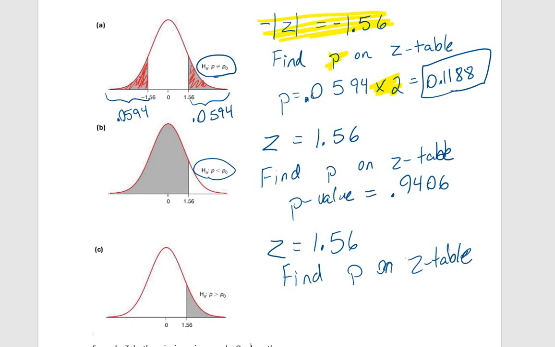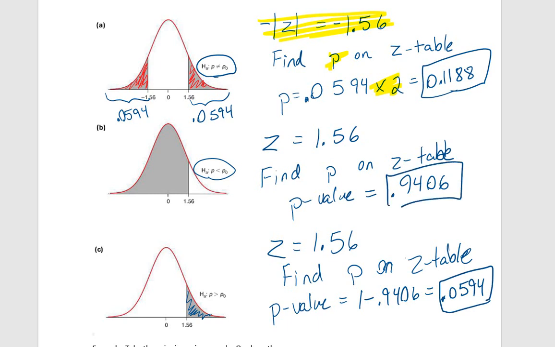But this time, since we're finding the probability and it's on the right-hand side, what you need to do with your p-value is you have to do 1 minus the value that you found on your z-table. So that is going to give us 0.0594 for our p-value.